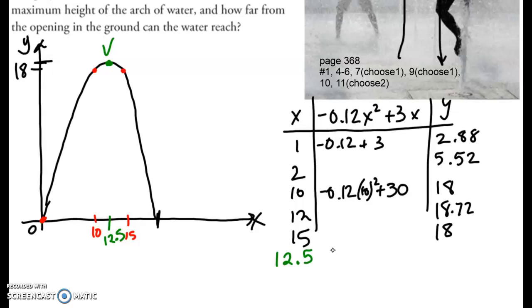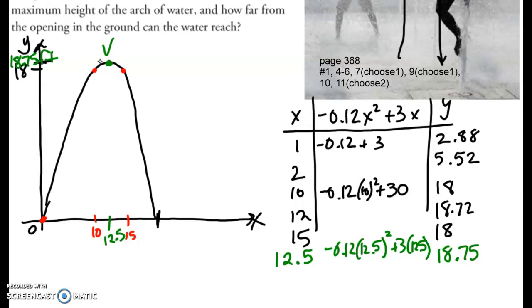So let's put in 0.12 times 12.5 squared plus 3 times 12.5. What do we get there? We get 18.75, just a tiny bit higher than it was at 12, which does make sense. So our height, 18.75 feet, is the maximum height. Okay, that answers the first question.